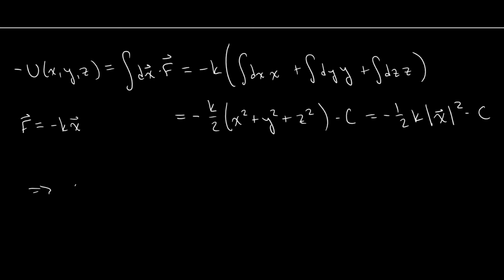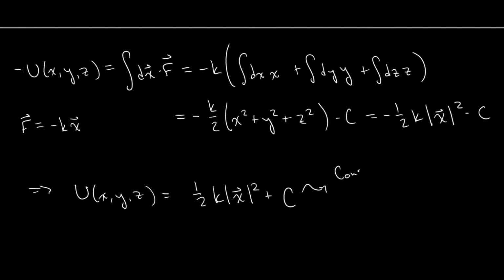In which case, the potential energy corresponding to Hooke's law, which in fancy terms we can call a harmonic oscillator, is just equal to minus 1/2 k x squared, or plus, sorry, because we had a negative over here, it should be plus c, which is just some constant we can fix at our convenience.